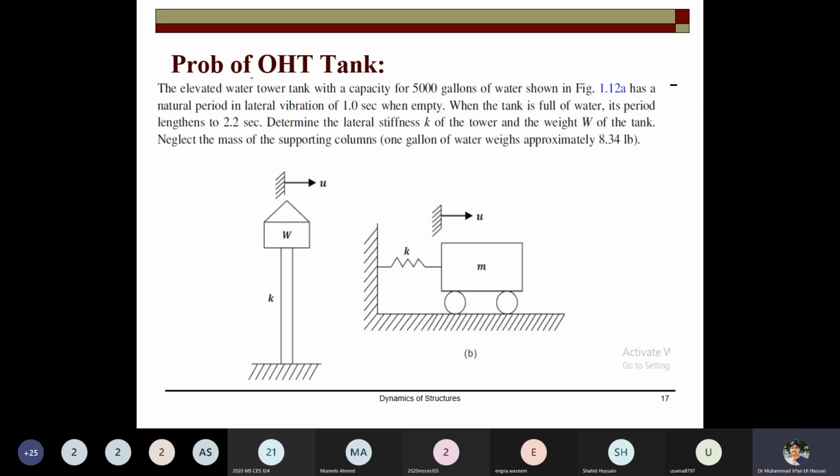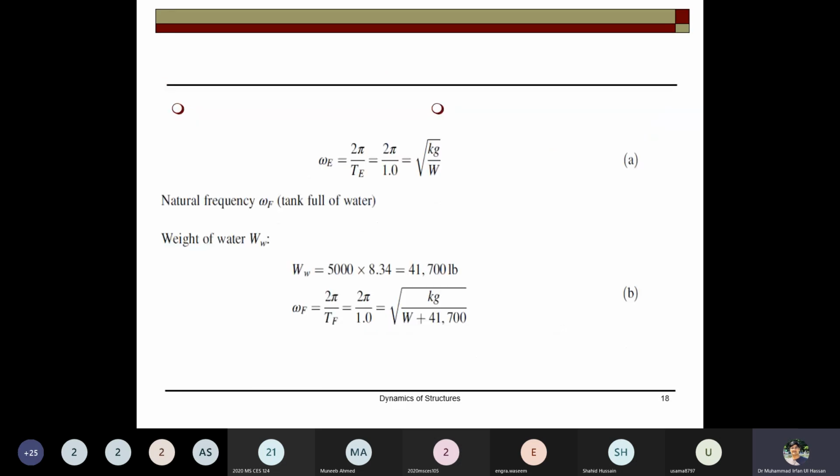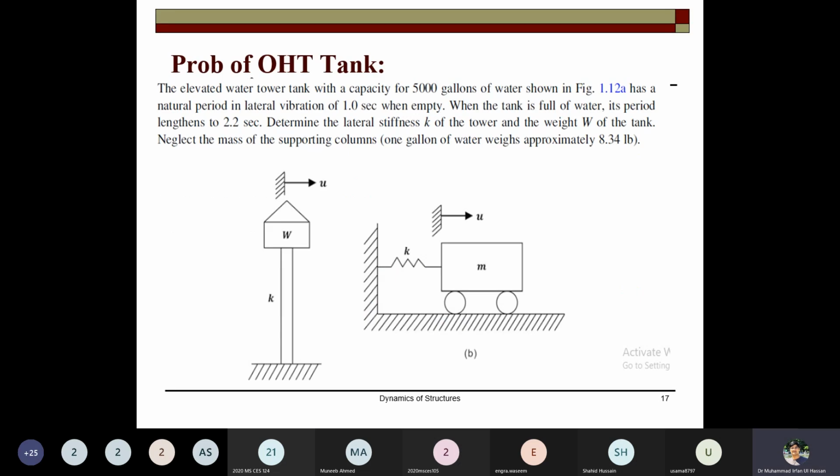Can you solve this problem? Yes. Sir, we will try.